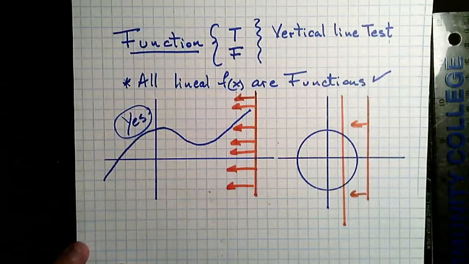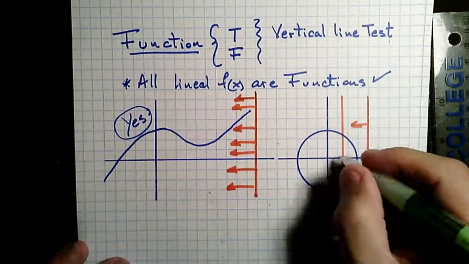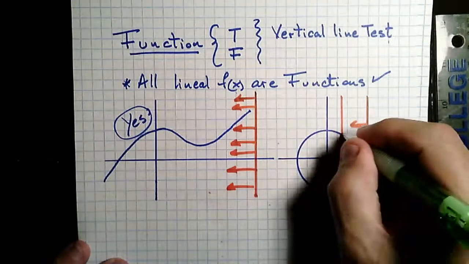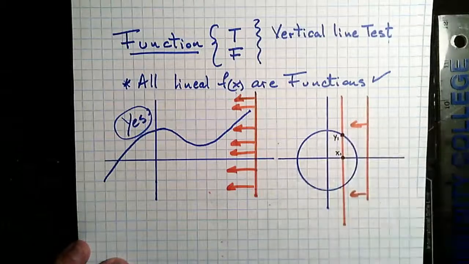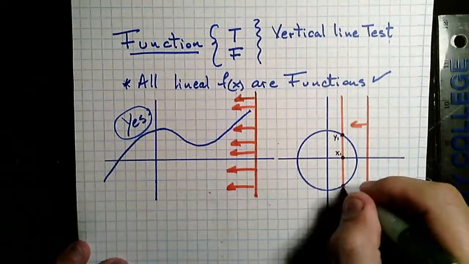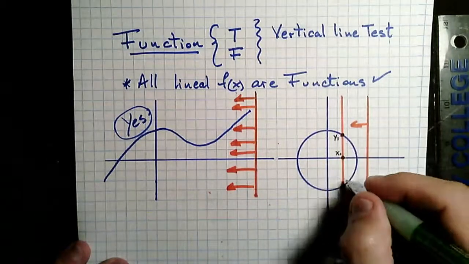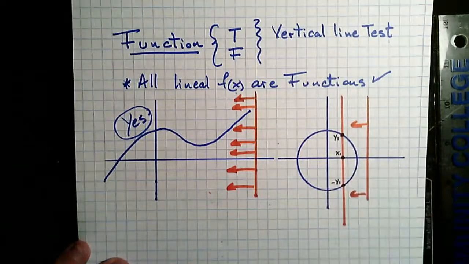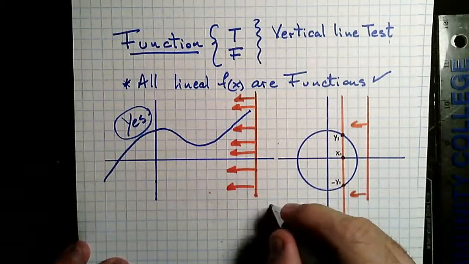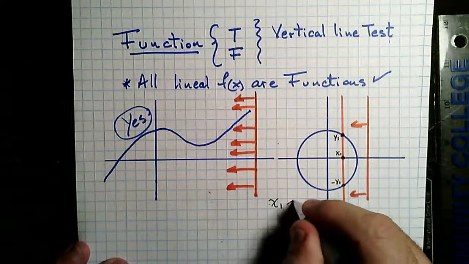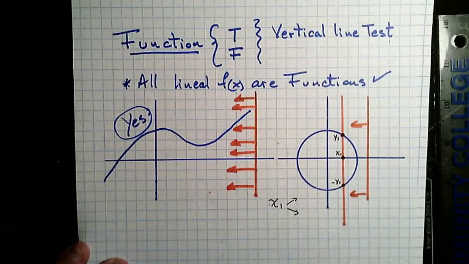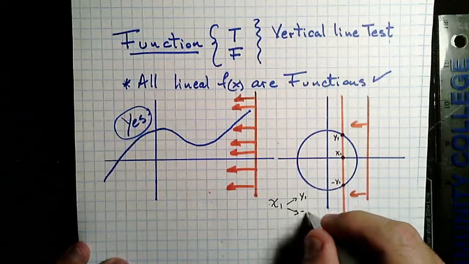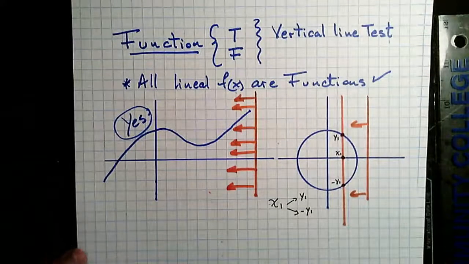Well, take a look. I have x1 here, and I have one y1, and I have another y1 here, which is symmetrical, negative y1. In other words, for one x1, I will have two values, one y positive and the other negative.